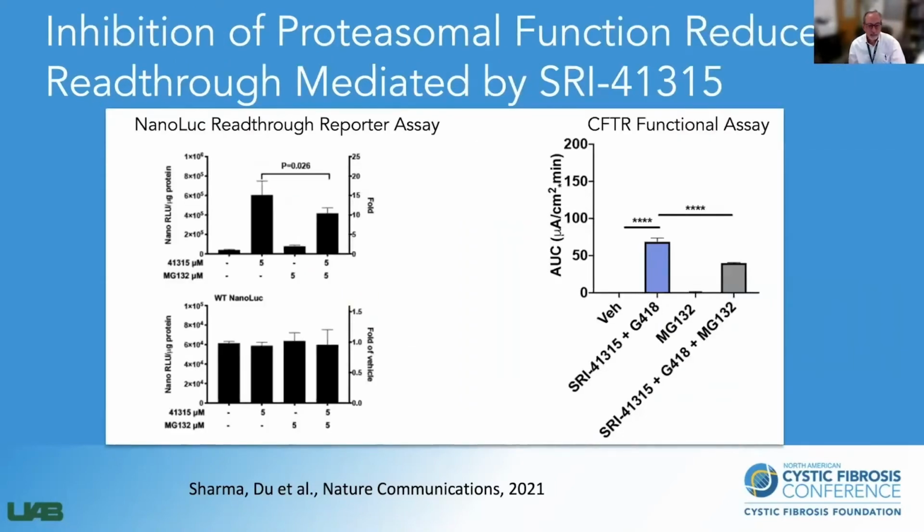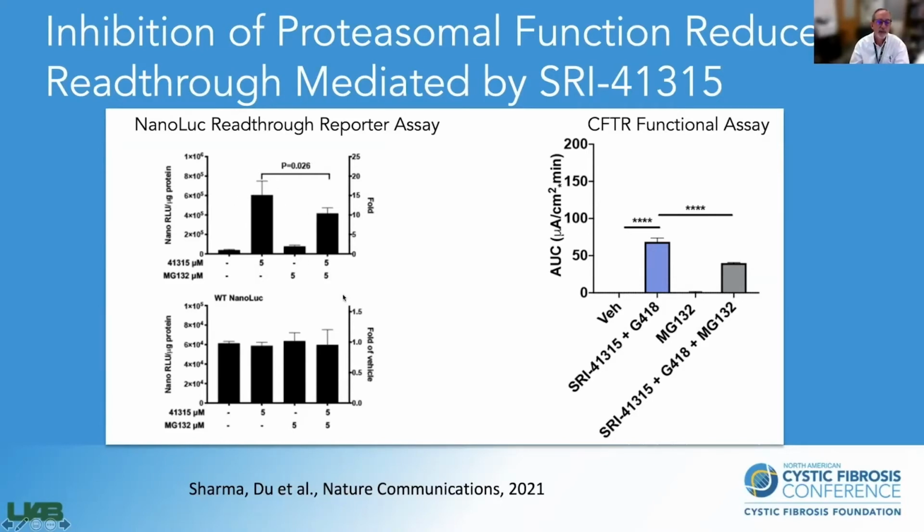All right, to confirm this, we asked if MG132 could inhibit read-through. So here's our reporter assay. Here is a relatively modest level of 41315 where we're getting significant read-through. Here is the same level of 41315 with MG132, and you can see a significant reduction.